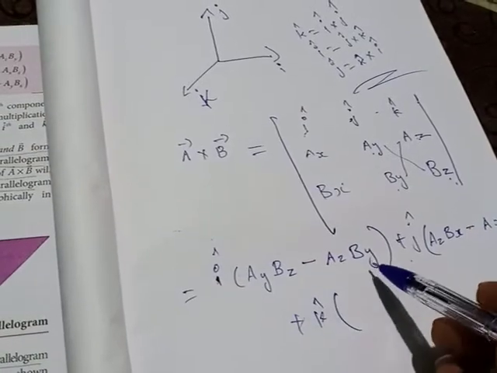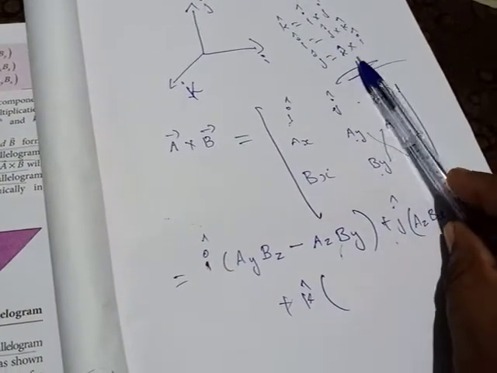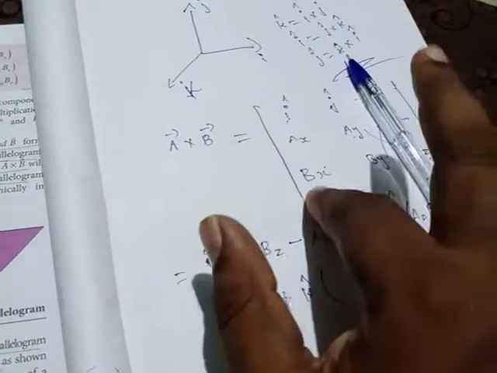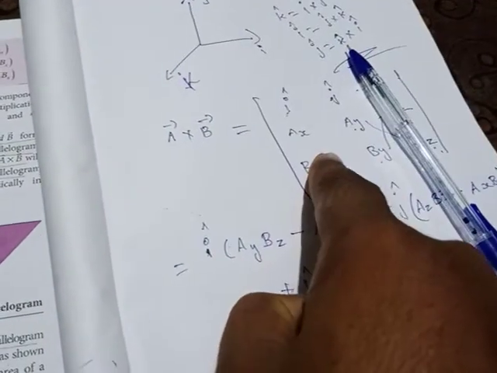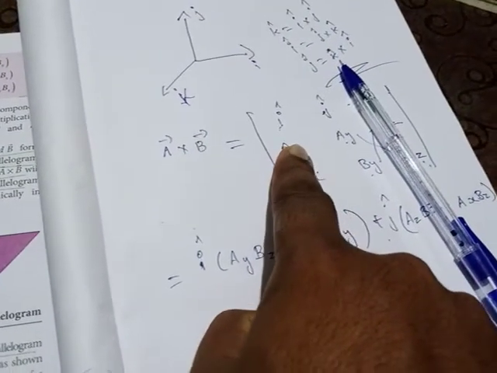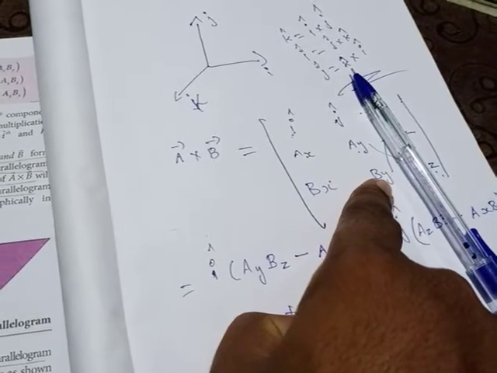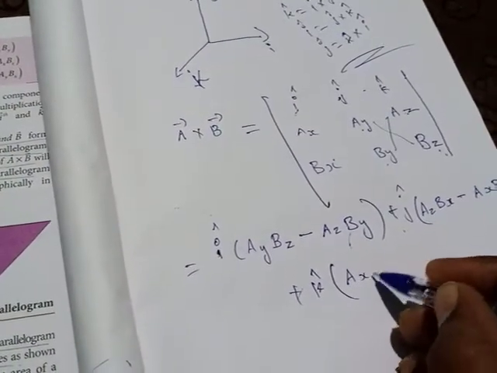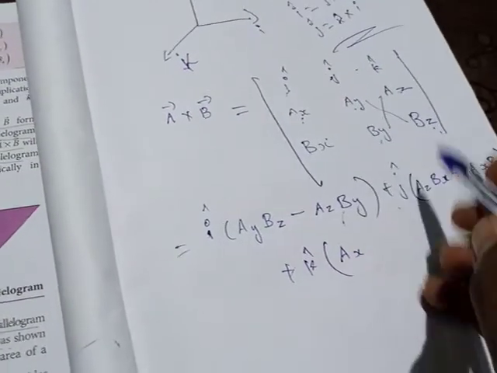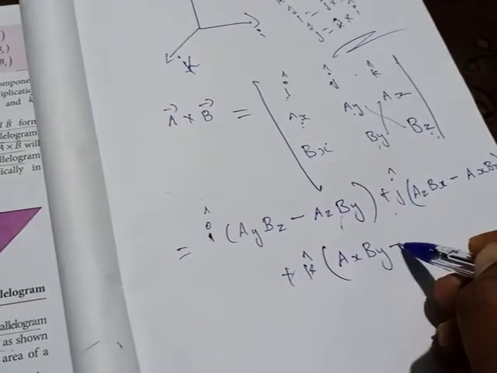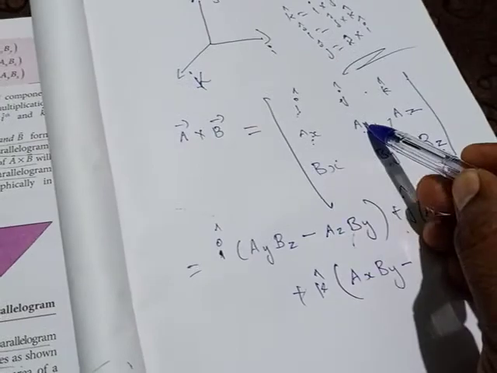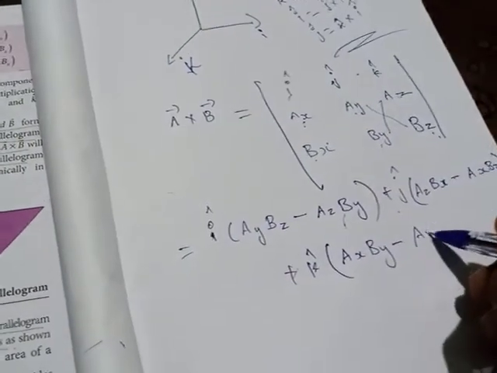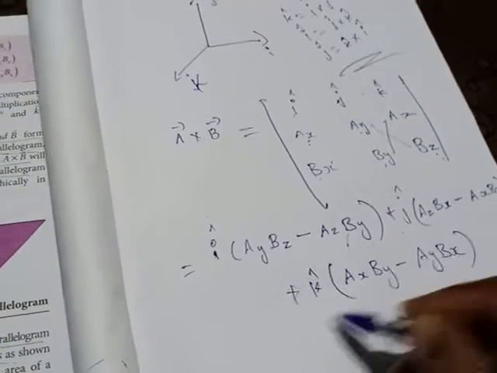When you are taking K, you take these four values: AX BY minus AY BX. This is how you can write it for component vectors.